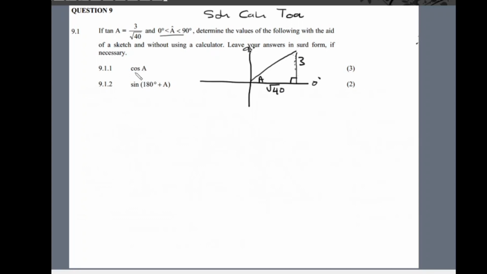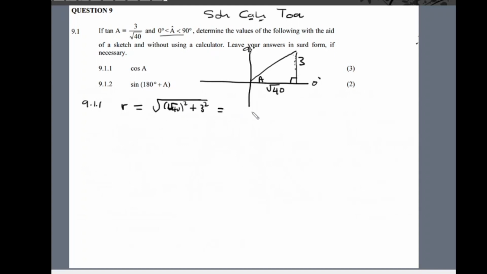So now they want us to calculate the value of cos A. Remember that cos A is the adjacent side divided by the hypotenuse. We do know that the adjacent side is the square root of 40, but we don't know the value of the hypotenuse. So first things first, we need to calculate the value of the hypotenuse. We know that it will be the square root of (square root of 40 squared plus 3 squared), right?